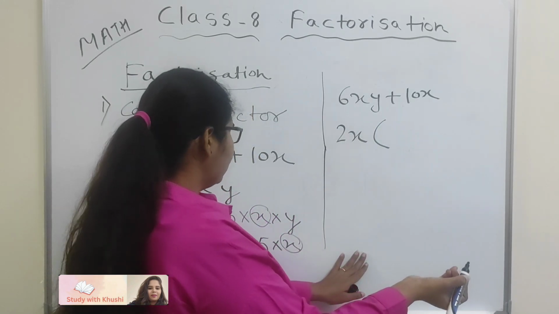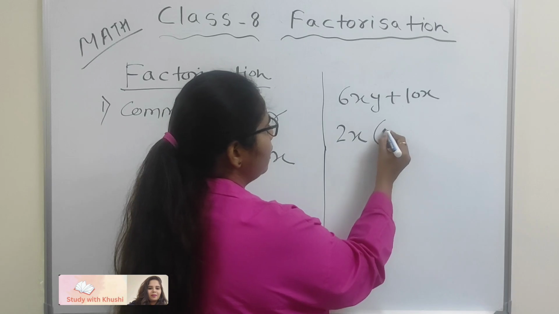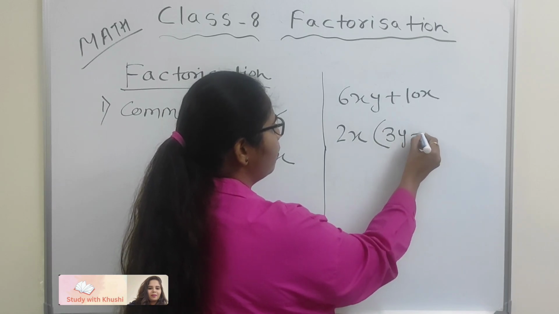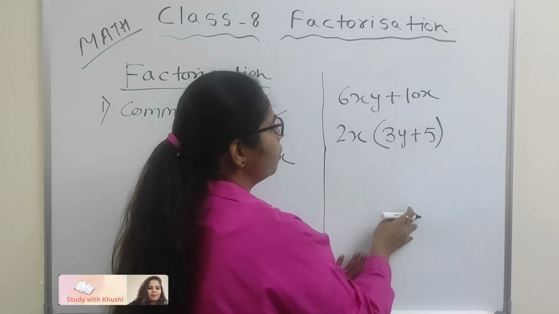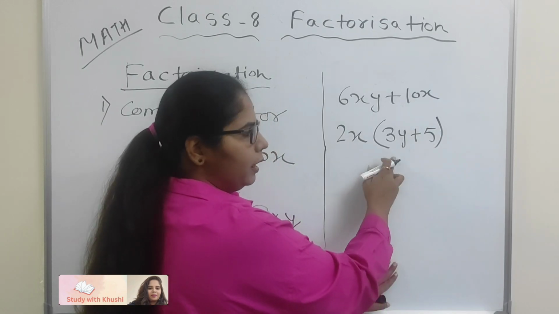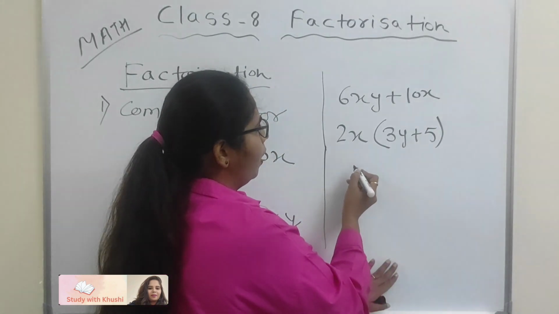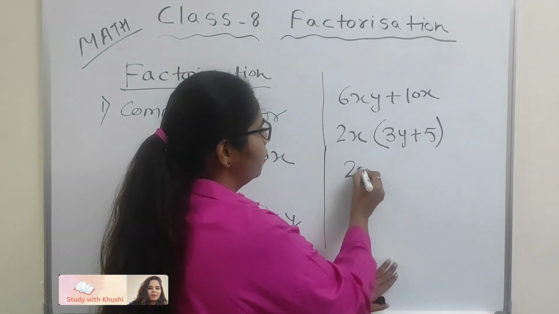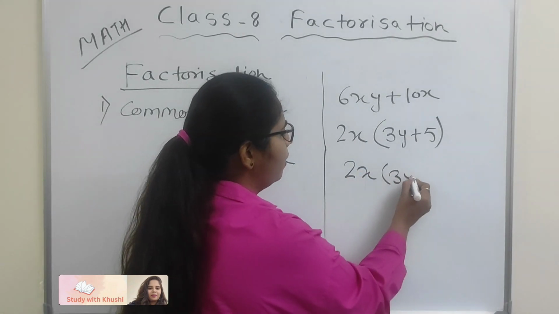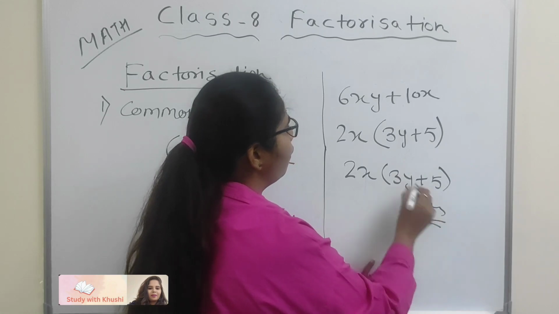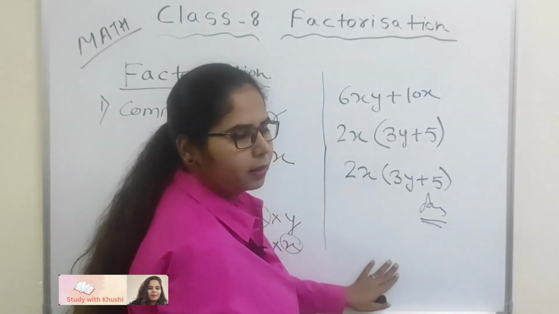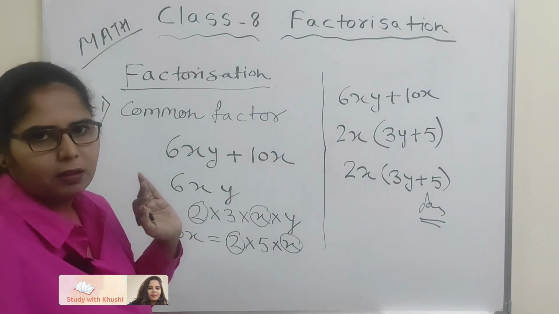What is left inside? 2 times 3 is 6, so 3y, plus 2 times 5 is 10, because x is common. So 2x(3y plus 5). So our factors are 2x and 3y plus 5. That is our answer for 6xy plus 10x. This is called the common factors method.